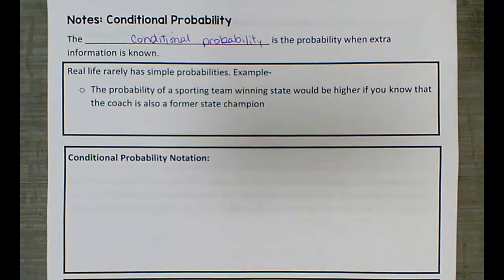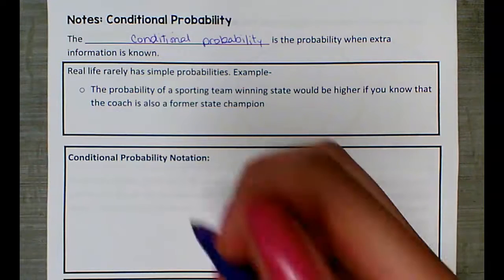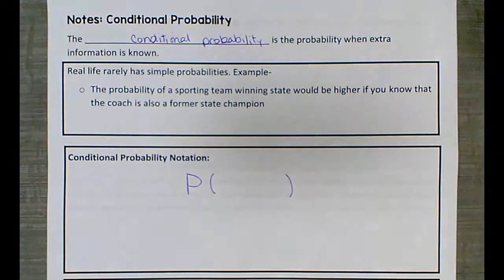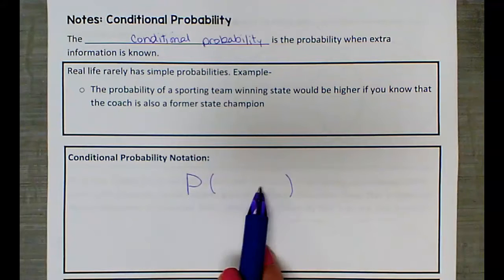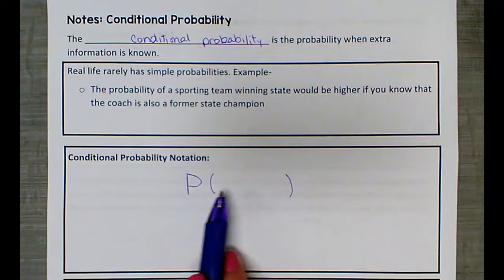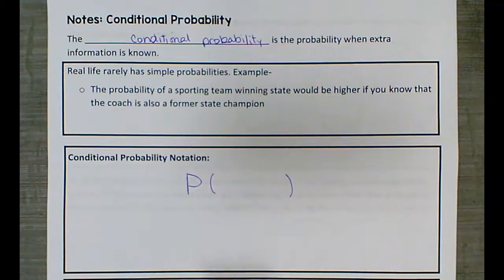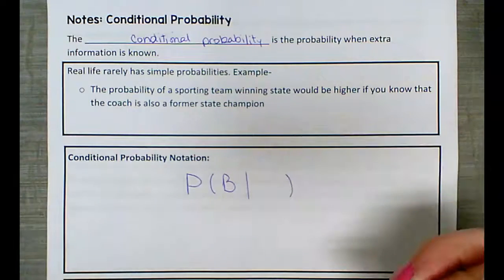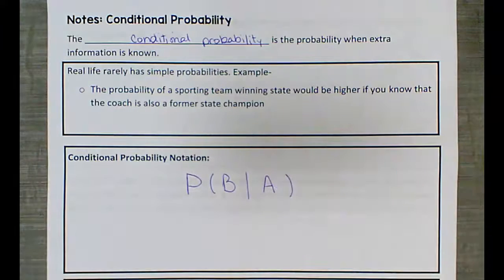So we need to talk about the notation for conditional probability. There's a couple new symbols that we need to discuss. In the past, we've talked about how the probability of an event can be written almost like a function f of x. Well, the probability of an event given some other event happening is the probability of event B given, so like a bar, event A happening.